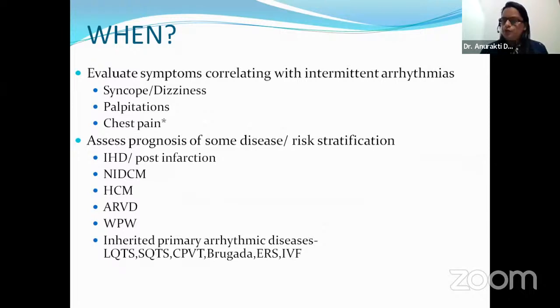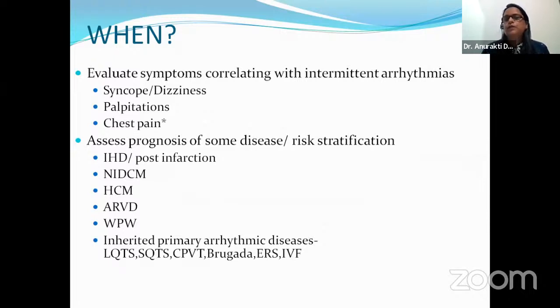No, not at all. So we should know in which syncope we are going to order it and which syncope we are not going to order it. Palpitations: you saw a tiger in the forest and your heart rate goes up. You felt palpitations in your chest. Will you do a Holter? Definitely not. It's anxiety. You have a sinus tachycardia. You don't need a Holter.